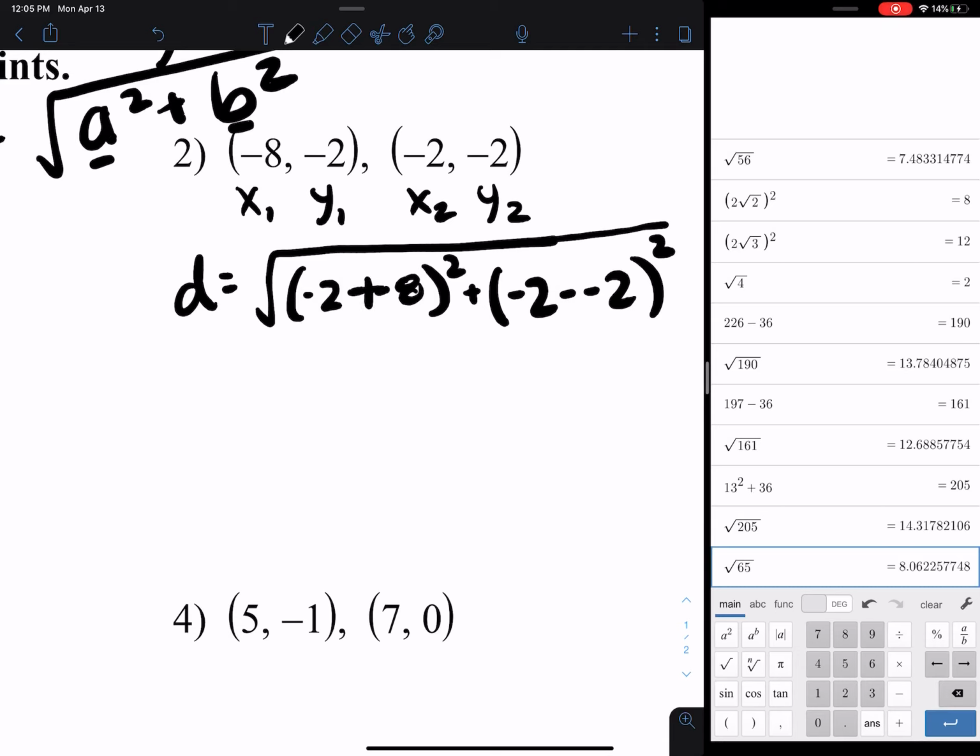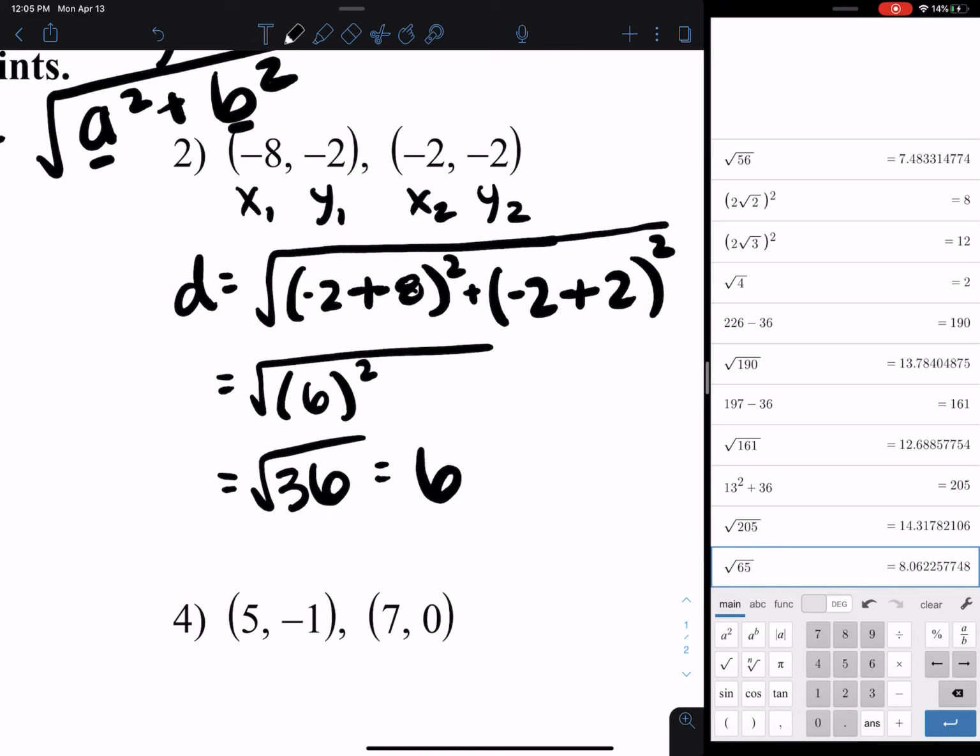I'm going to change both of these to plus signs, because when you're subtracting a negative, it's just like you're adding. So we have the square root of -2 plus 8 is 6. And then -2 plus 2 is just 0. So I'm not even going to write anymore for that part. So we have the square root of 6 squared, which is 36. That tells us that the distance between those 2 points is just 6.